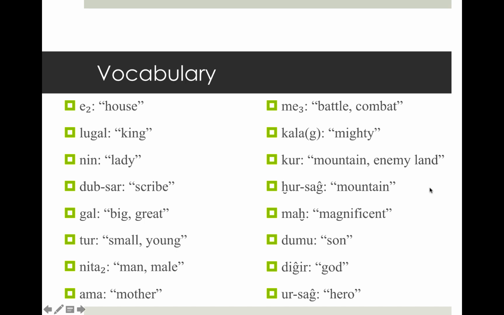Hursag, so you hear the NG at the end of sang. Hursag means mountain as well, but it can mean steppe, but it's mountain. Mah means magnificent. Dumu means son. Dingir means god. And ursag means hero.